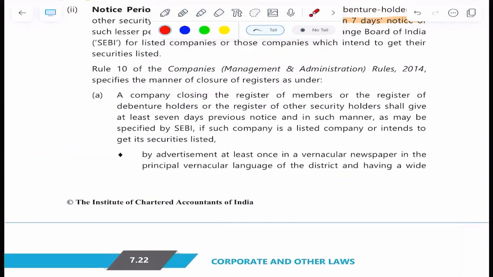Rule 10 of Companies Management and Administration Rules 2014 specifies the manner of closure of registers as under.